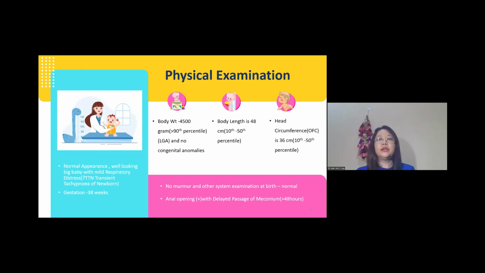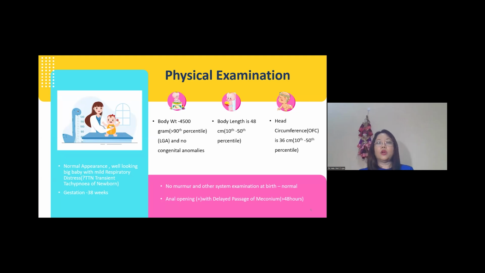So going to the physical examination, anthropometry: body weight was large for gestational age. It was 4,500 grams, more than the 90th centile on the WHO standard centile chart. Body length is normal, appropriate for the standard centile chart. Occipitofrontal head circumference is also normal.